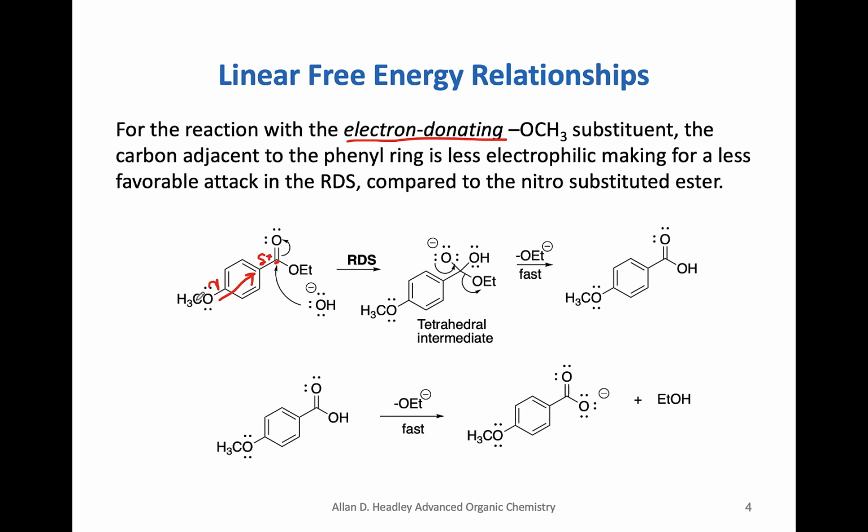So as you can see here, this rate determining step is not as favorable because this OH is attacking a carbon that is electrophilic, but because this is an electron donating group, it is donating electrons to this carbon, making it less electrophilic and making it a slower reaction for the RDS.